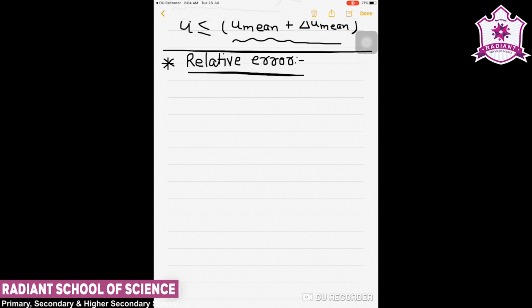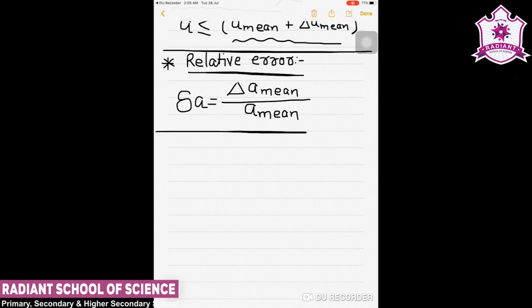So relative error is given by that simple term. It has nothing special, but we can simply define it as a ratio of delta A mean to A mean. So this ratio is called relative error. It is also represented as delta A, which is called relative error.